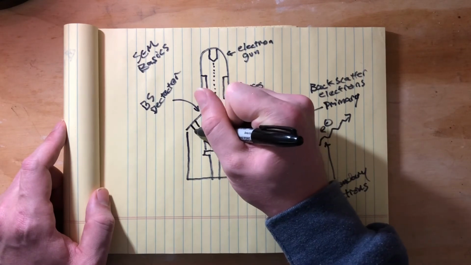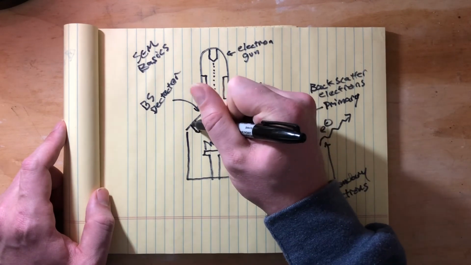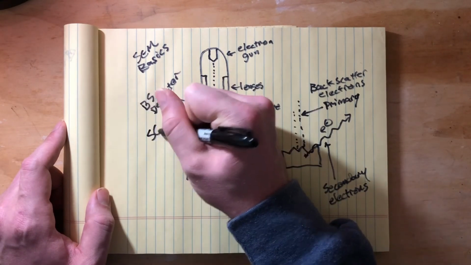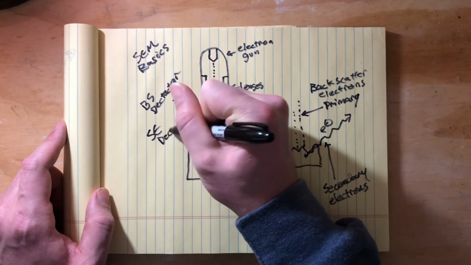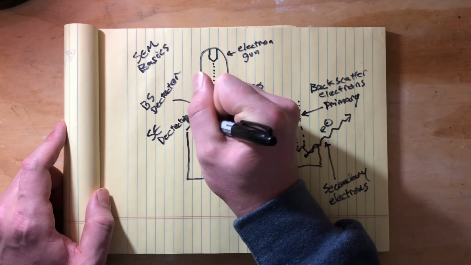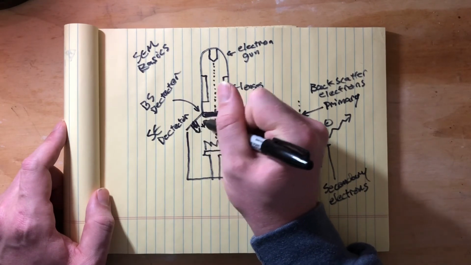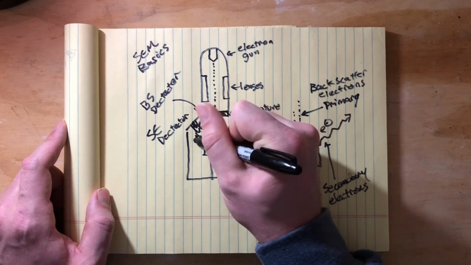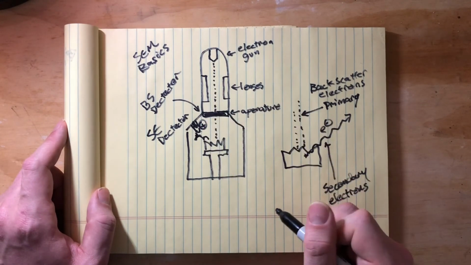And these secondary electrons are detected with a secondary electron detector, which is typically charged in order to aid the flow of those electrons to the detector itself.